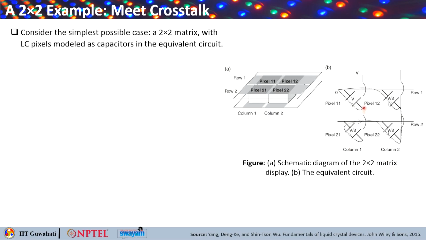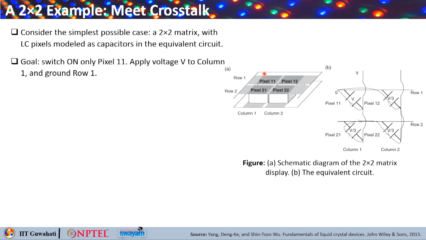These are your column lines, and these are the row lines. Or you can say these are the 2 row electrodes, these are the 2 column electrodes, and these are the intersection points. You can name the pixels also: pixel 1 1 means row 1 column 1, then 1 2, so row 1 column 2, pixel 2 1 and 2 2, and so on.